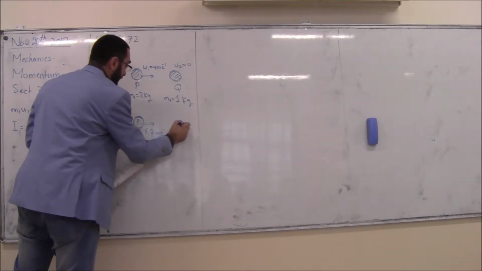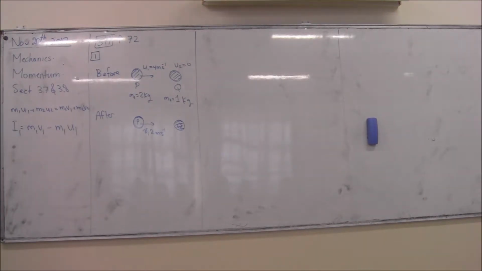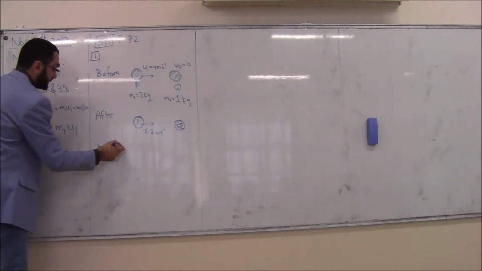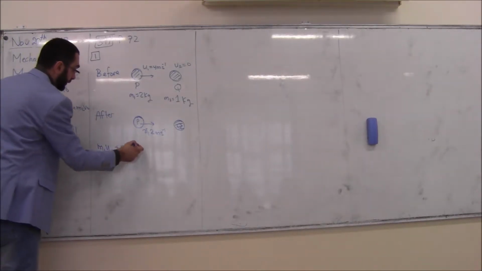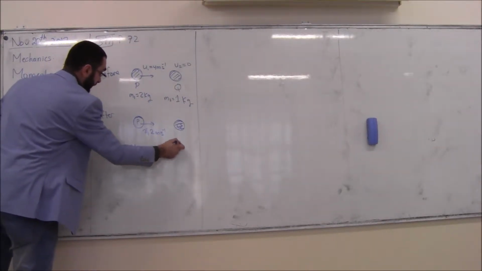We don't have the information given about Q. So, what do I have to do? I have all the information given to find V2, so this formula can be used: M1 U1 plus M2 U2 equals M1 V1 plus M2 V2.